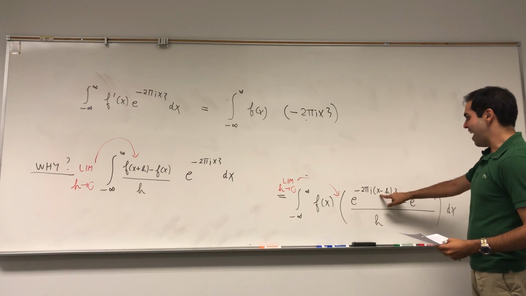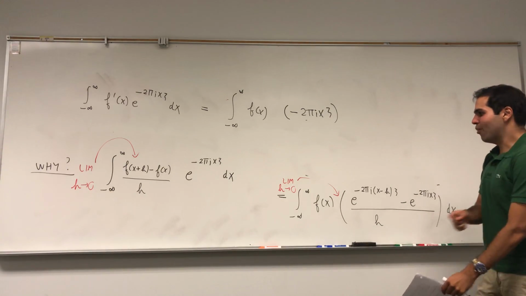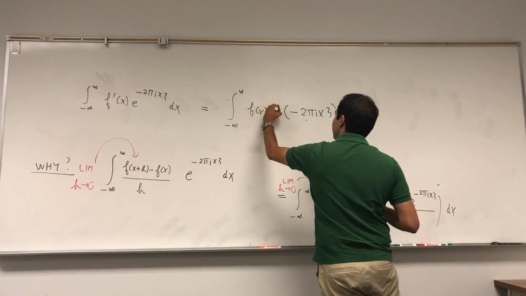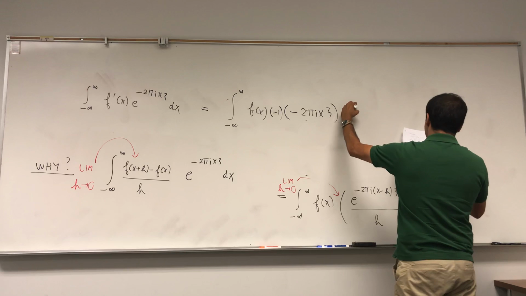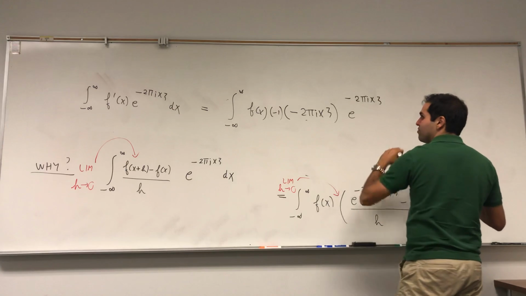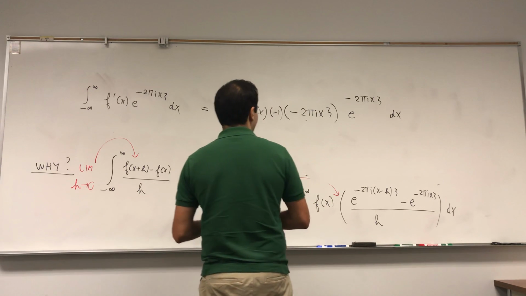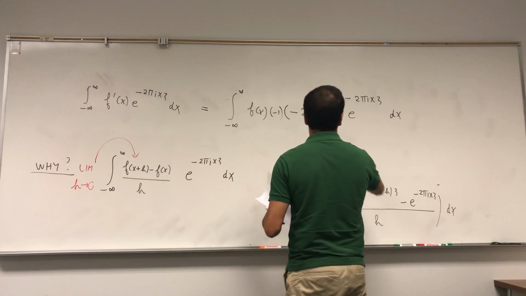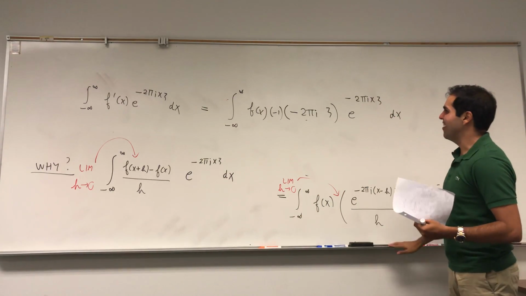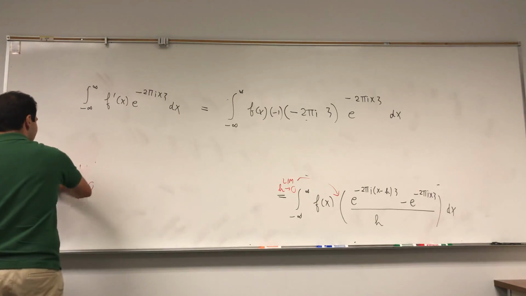But because you're taking x minus h and not x plus h, you have to reverse it. If you want, let h prime be minus h and do this. The point is you have this extra minus sign, e to the minus 2 pi i x xi dx. Sorry, my bad, you're differentiating with respect to x, so there's no x here. And what you're left with is simply the following.